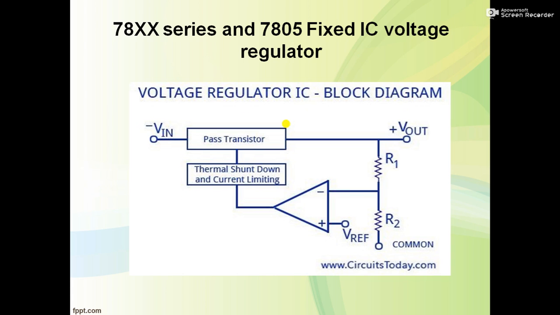Okay, so in this case, instead of using a Zener diode, now we are using an IC for the voltage regulator circuit. This is the basic circuit of the voltage regulator block diagram in the form of an IC.